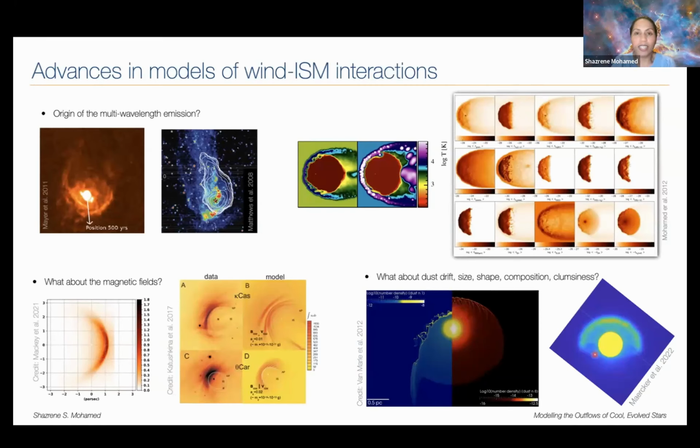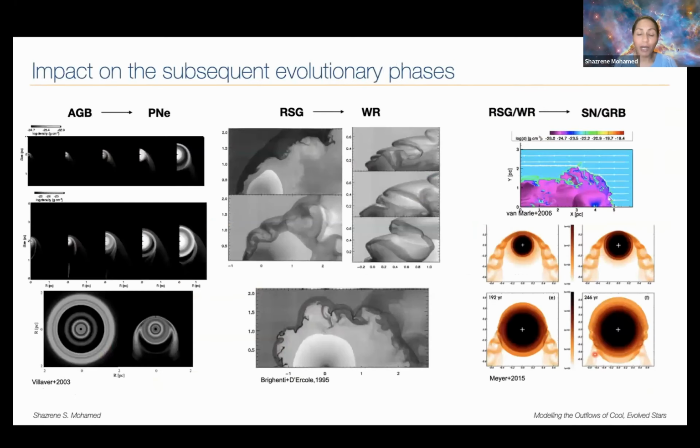It seems from more recent modeling that indeed carbon stars require large grains, 2-micron size grains, but it's not clear what the case is for the oxygen-rich case. But really understanding what these grains look like at this interface and after the interface, for these initial conditions for the ISM, is quite important.